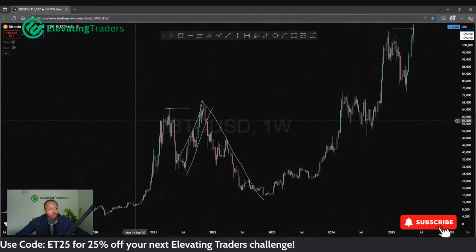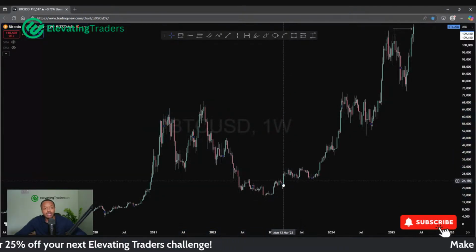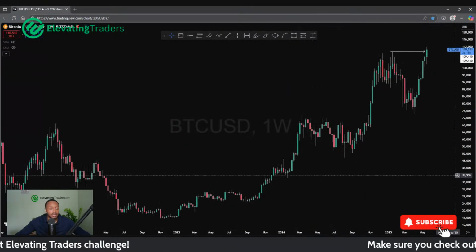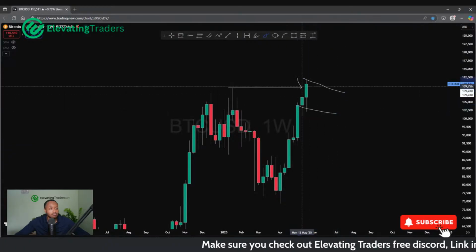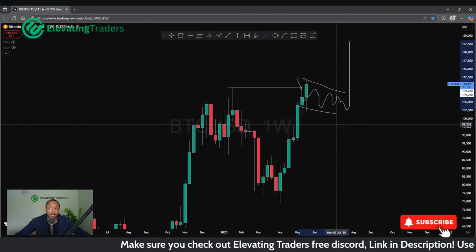Could be proven wrong if we see momentum really take charge, or if we consolidate maybe like that, then that could entice a big breakout.